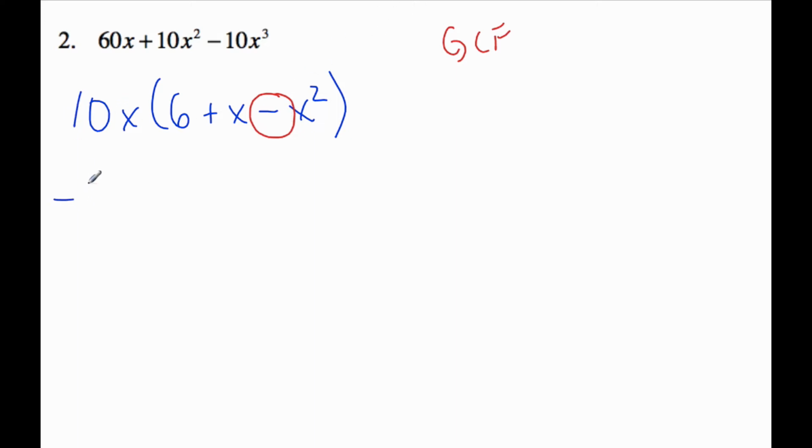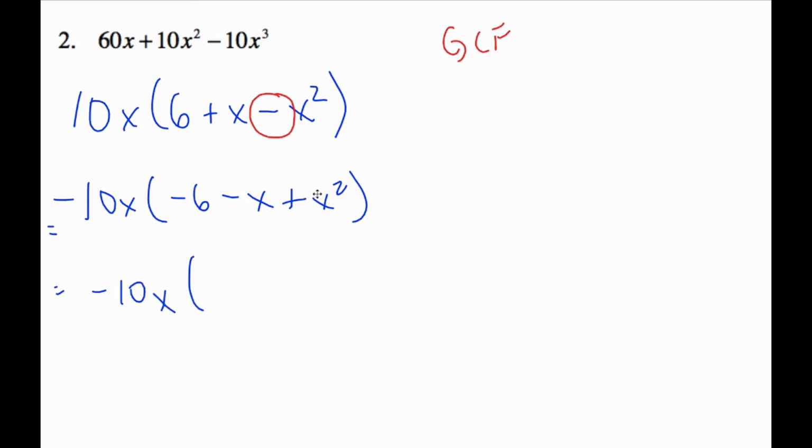So if I pull out a negative sign, then these signs switch. So I get negative 6 minus x plus x squared. Now I'm going to even rewrite it one last time so that it's in the form that I'm comfortable with. So it gets x squared minus x minus 6.